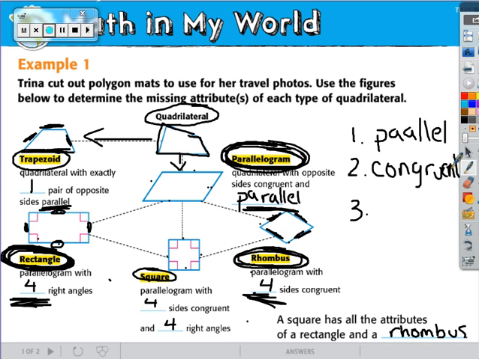Or 1 pair that's congruent? Okay? And the last thing we look at is right angles, or 90-degree angles.